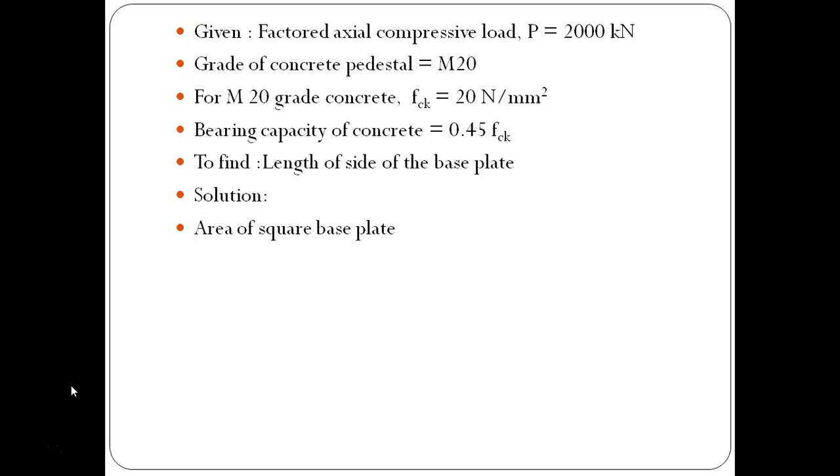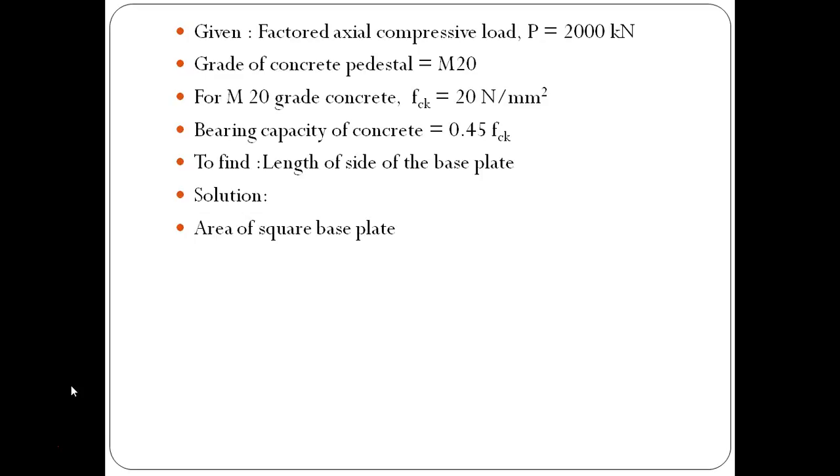Since it is M20 grade of concrete, we can say FCK equals 20 Newton per mm square. The bearing capacity of concrete is also given, and that is 0.45 FCK. So what is to be found out? That is the length of the side of the base plate.